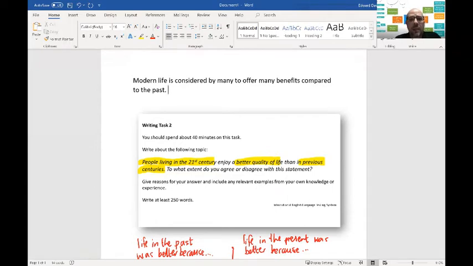So in my second sentence, I want to demonstrate that I've understood what the task of this question is, which is agree or disagree, and I want to state my position here, even if I'm writing a two-sided essay, which I am.